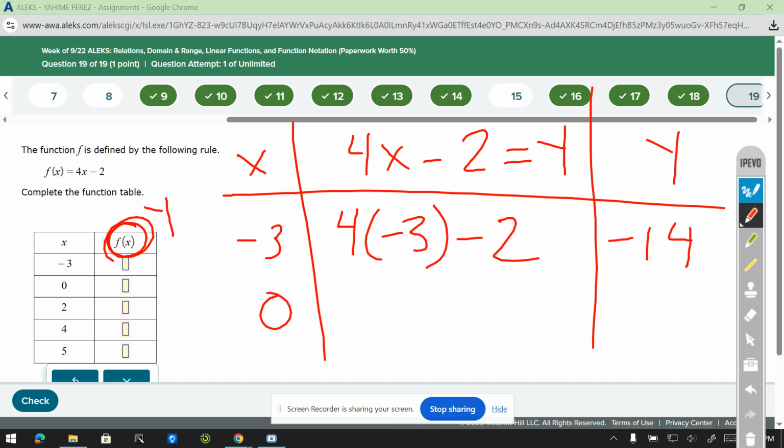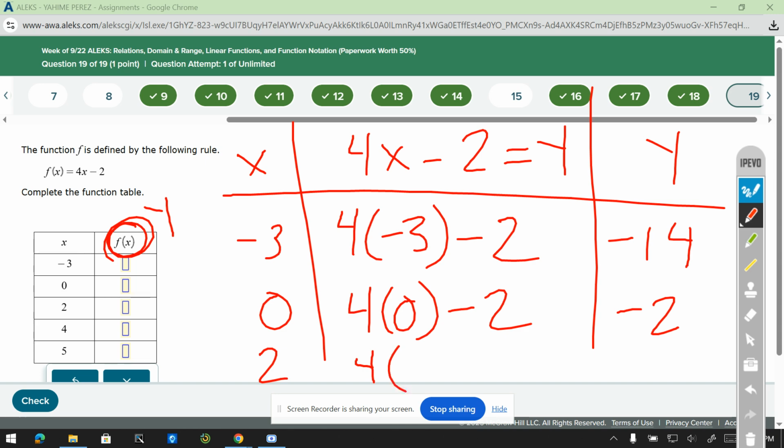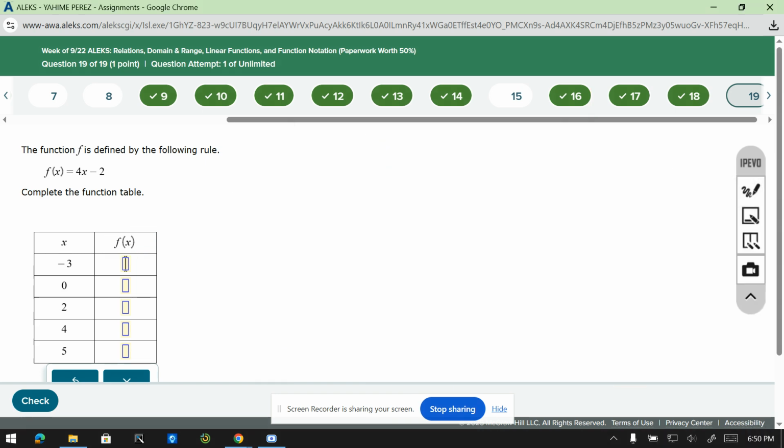Next one, 0. I'm going to substitute the x with 0. That'll be 4 times 0, which is 0, minus 2, which is negative 2. Okay, next one, we've got 2. I'm going to replace the x with 2, and that's going to be 4 times 2, which is 8, minus 2, which is 6, right?